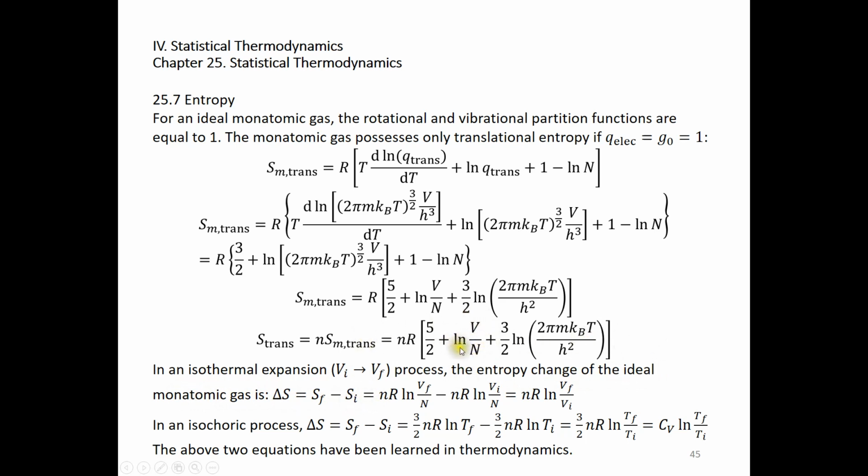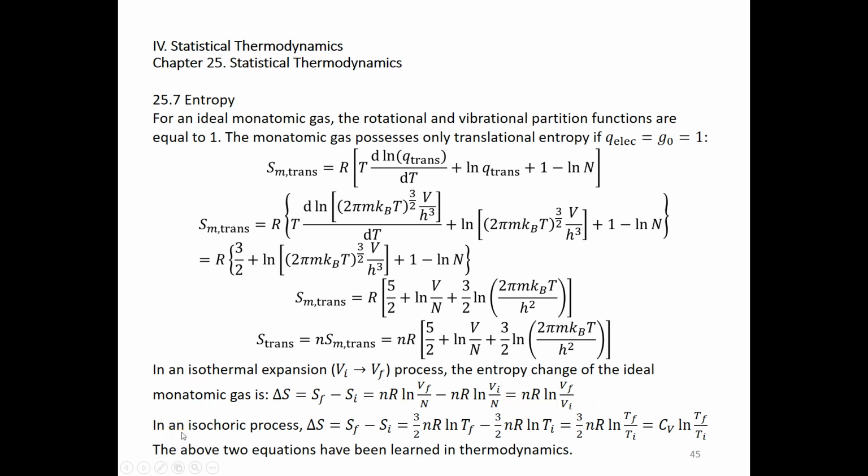Only the term in the middle depends on volume. The other terms cancel, so we have this minus this, and therefore the result is nR times the logarithm of V final over V initial. We were able to prove this in thermodynamics.